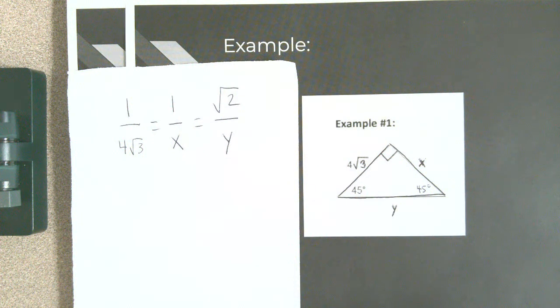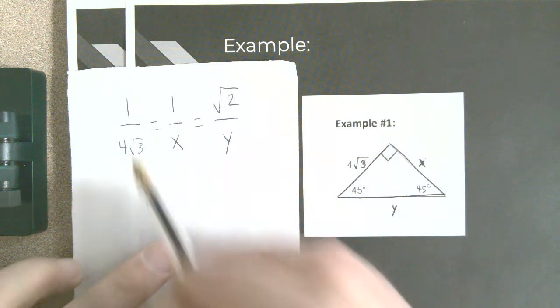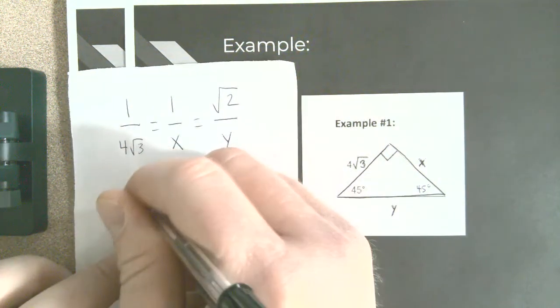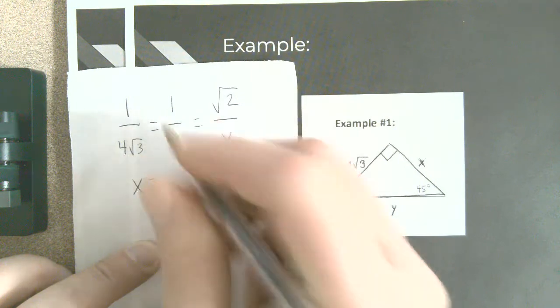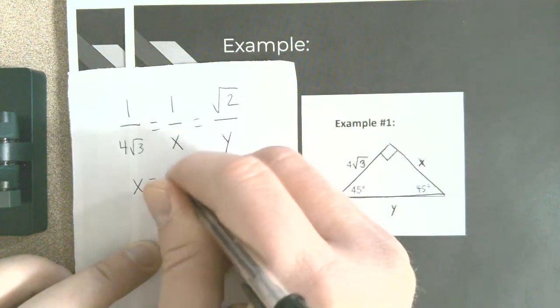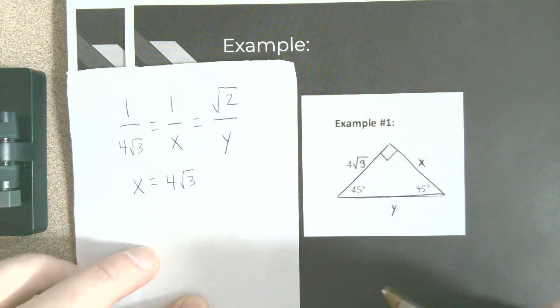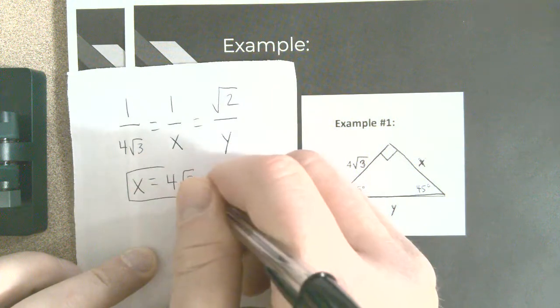Now I'm going to go ahead and solve my proportion by simply cross multiplying. So x times 1 is x. 4 radical 3 times 1 is 4 radical 3, which should make sense. The legs have to be the same. So x is 4 radical 3.